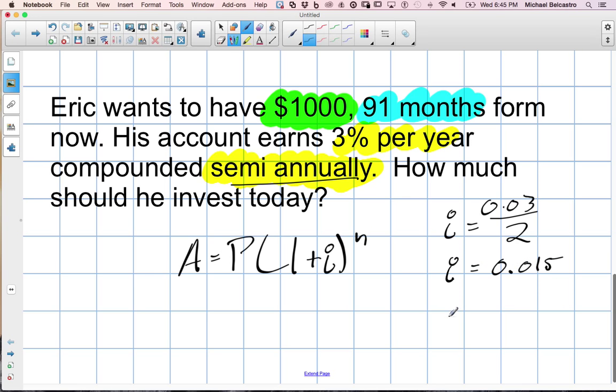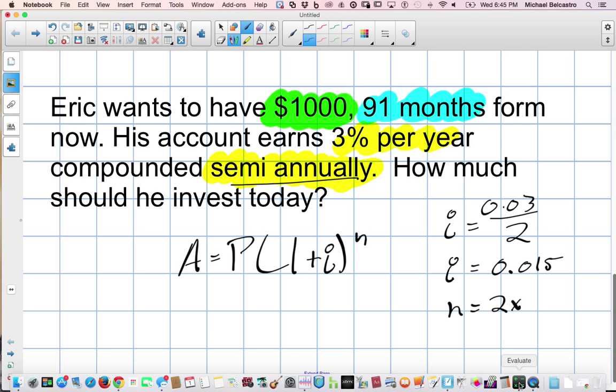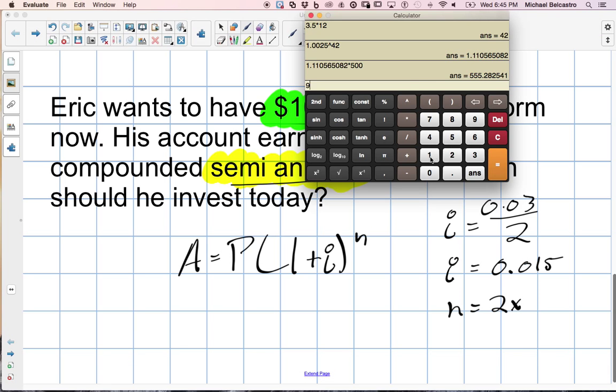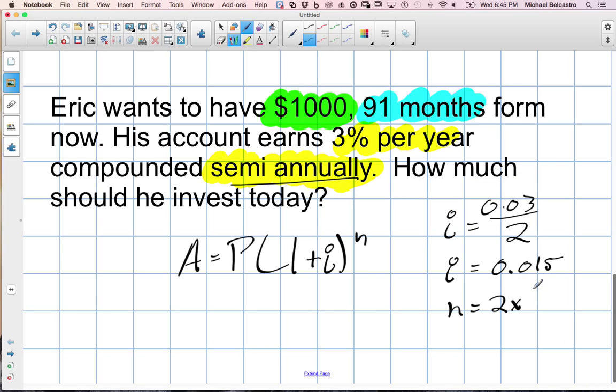And our n is the compound periods, which is 2, times the number of years. 91 months as a number of years is a decimal, 7.6. We're going to leave it as a fraction: 2 times 91 over 12.